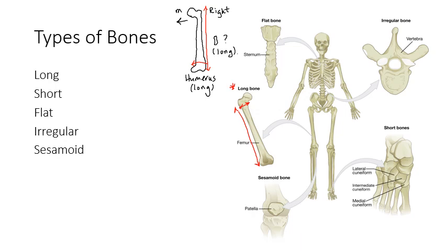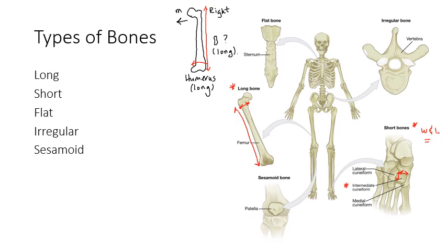So let's go over here to the, get a good view here, the intermediate cuneiform, where the width and the length are generally the same. Not much of a difference. So that's going to be our short bone. The width and length are mostly equal.